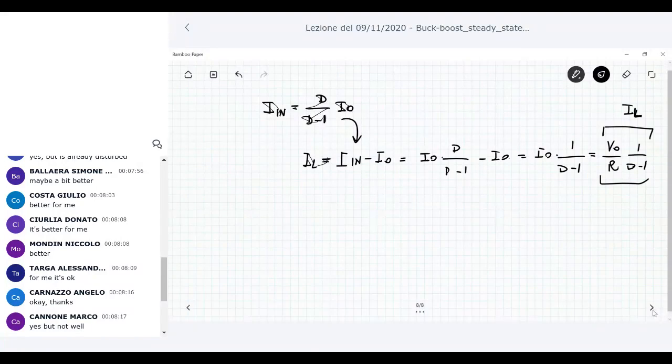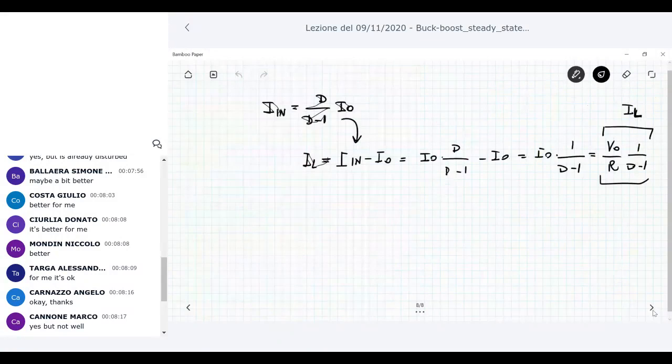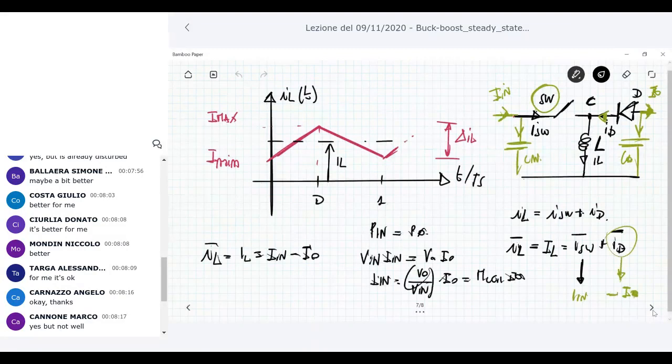So we have an expression for this average current here. Now what about the ripple current through the inductor? The ripple current through the inductor should be derived by looking at the slope.